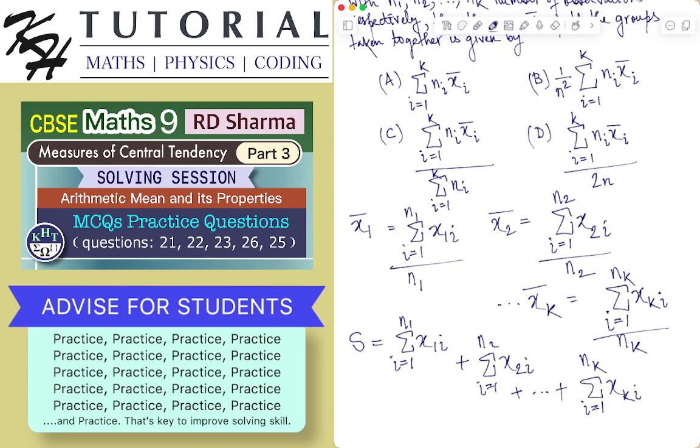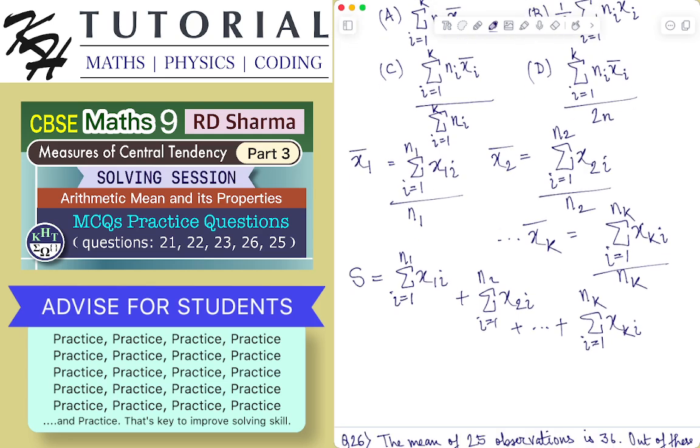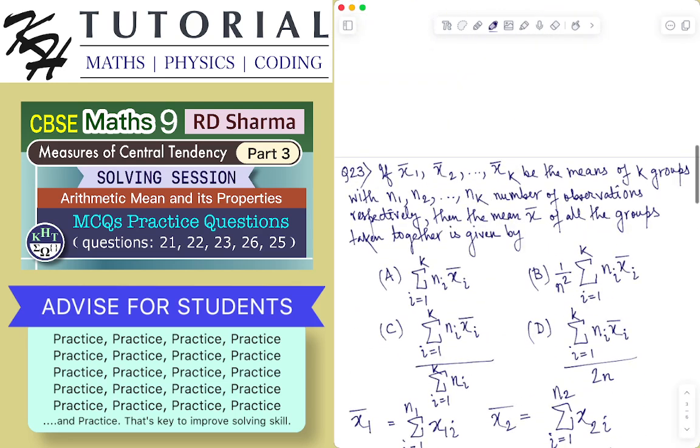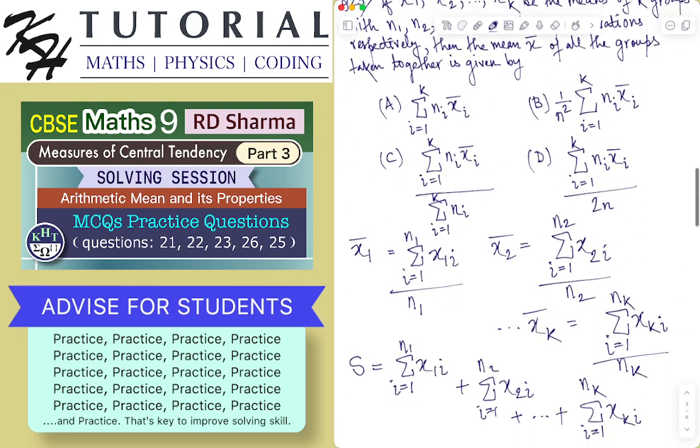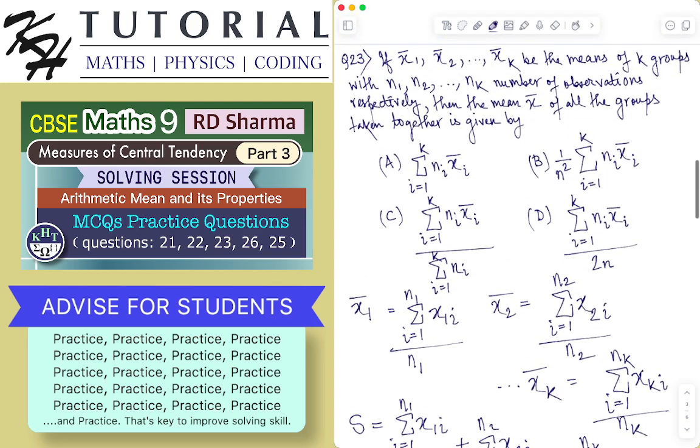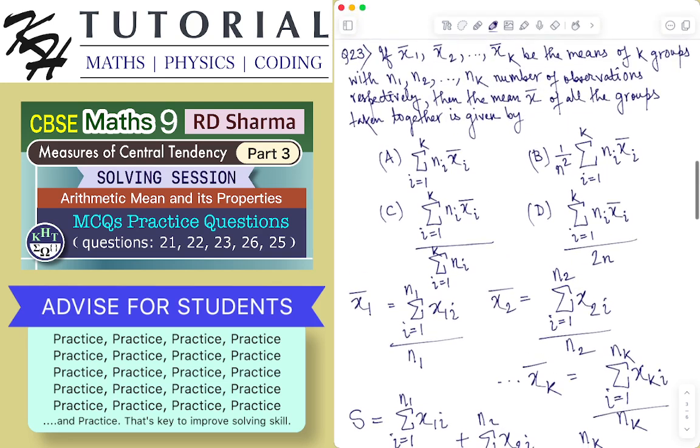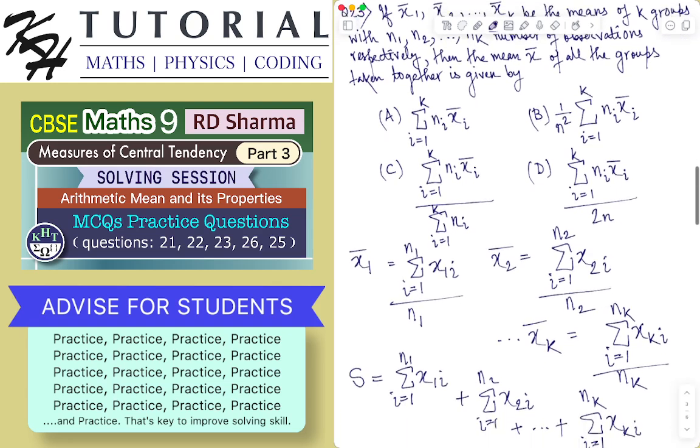This gives me the sum of all the observations from all the groups. Then the required mean, it is in the problem, it is asking x bar. X bar has been referred as the mean of all the groups.